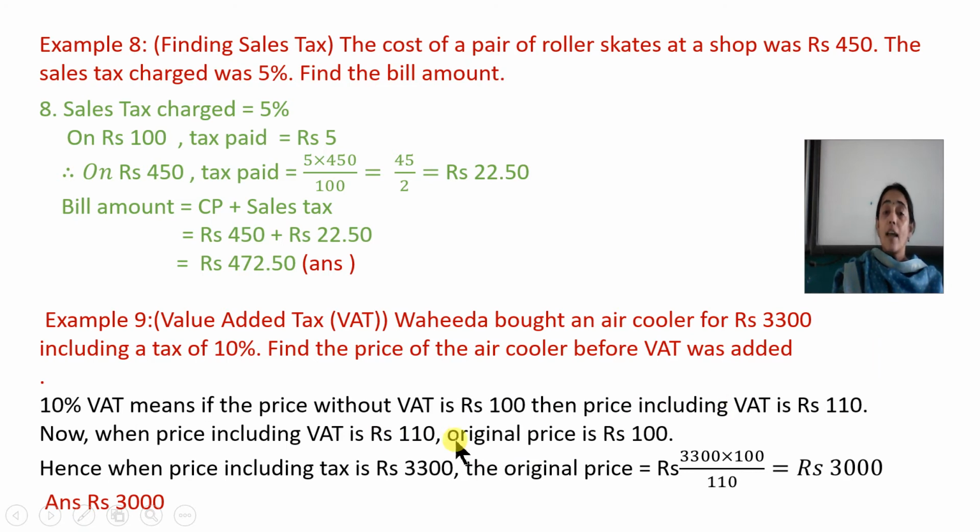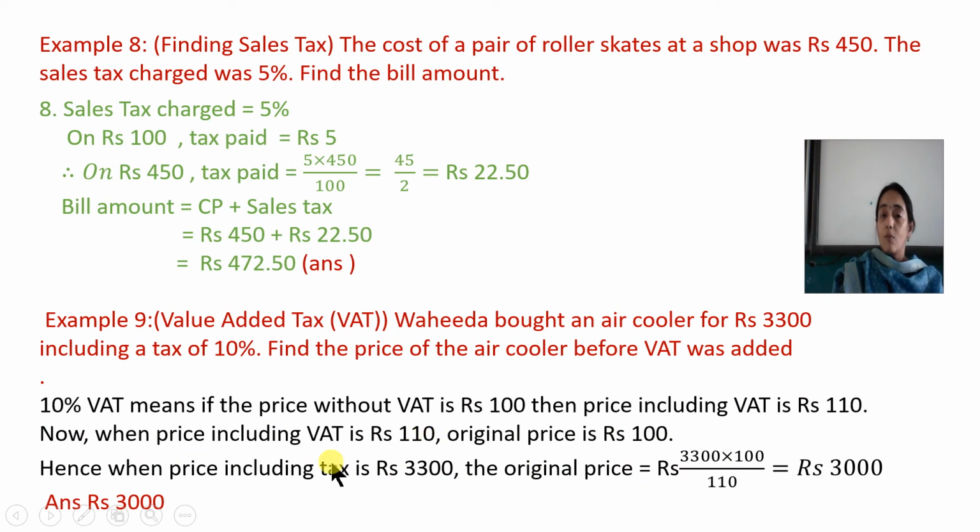So now I form it in another manner because I am given the price including the VAT. So I first write, when the price including the VAT is rupees 110, the original price is rupees 100. So when the price including tax is rupees 3,300, the original price is equal to how much? So 3,300 into 100 upon 110.